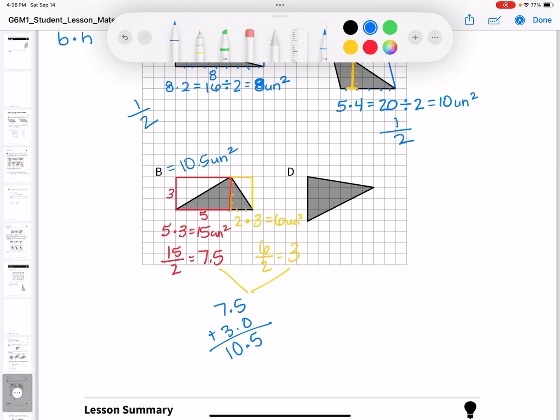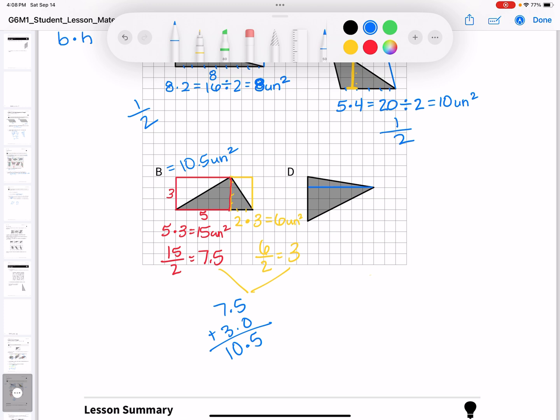All right, let's look at D. D is a little trickier, right? But that's okay, we can still do it. I am going to show you, let's see, we can split this up. I'm going to split this up this way, like this.